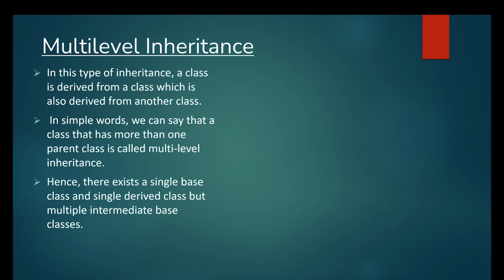If you see on the right side to understand this point better, there is a class A, then there is a class B which is extending class A, and then there is a class C which is extending class B.